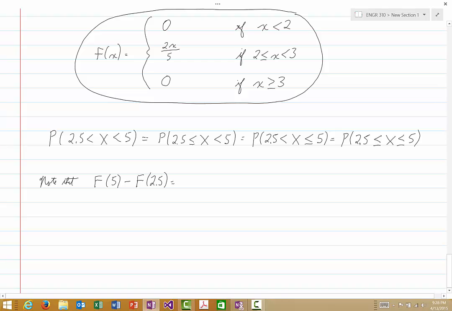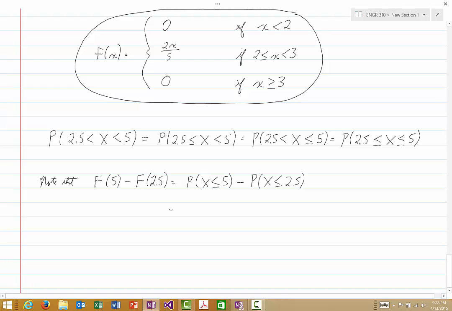Okay, we have this capital F function. Now we know that capital F of 5 is the probability that x is less than or equal to 5. And capital F of 2.5 is the probability that x is less than or equal to 2.5.